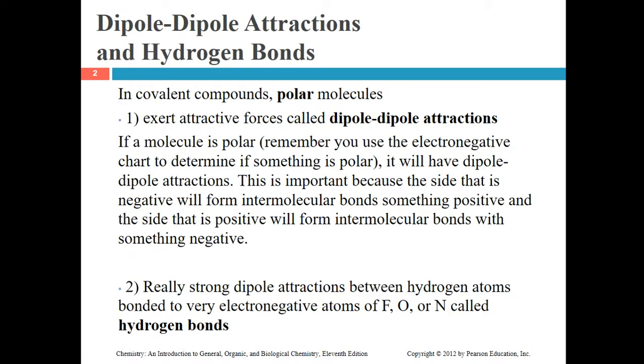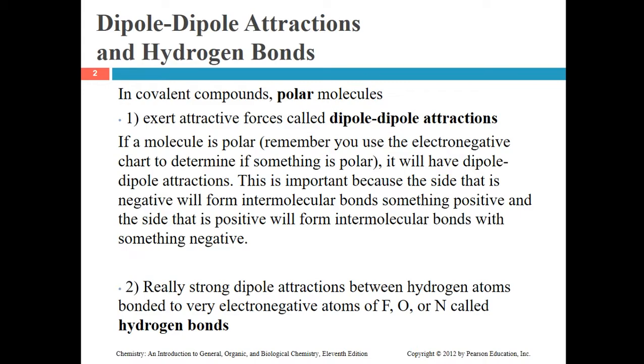When you're talking about covalent compounds, we learned in our last section how to determine that a covalent compound was either polar or nonpolar. If a molecule was polar, and we determined that by looking at the electronegativity value chart and subtracting, and it was 0.5 or greater, it was determined to be polar, which means we said it acts charged.